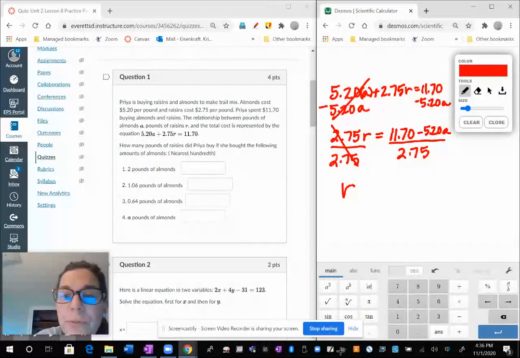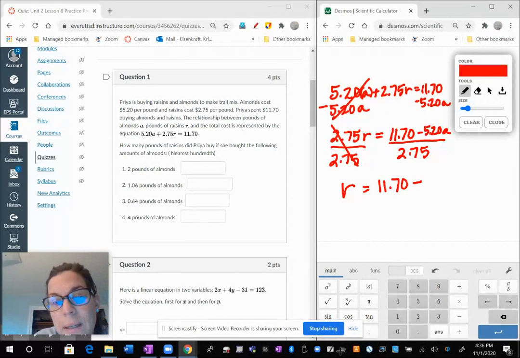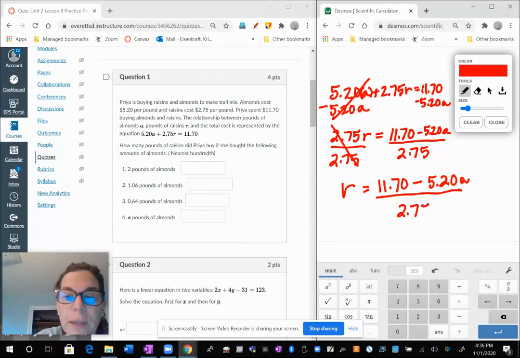So the pounds of raisins is going to be the total cost minus the amount spent on almonds, which again, we have to plug in and multiply by 5.20, and then all of that will be divided by 2.75.